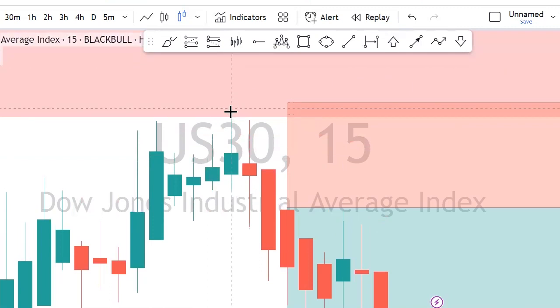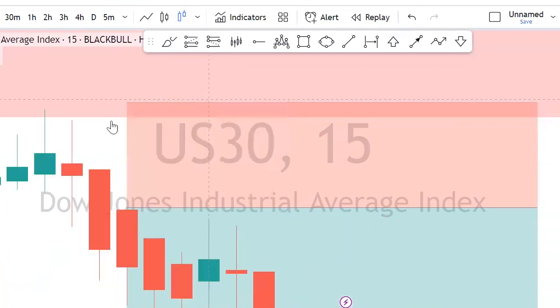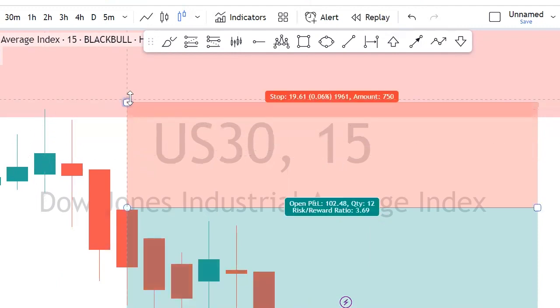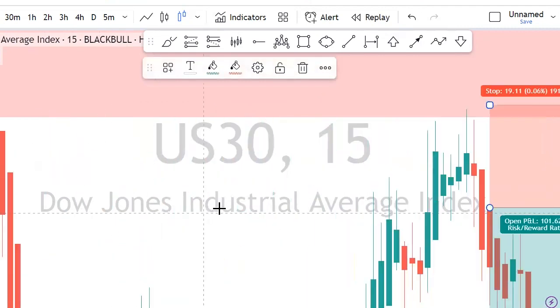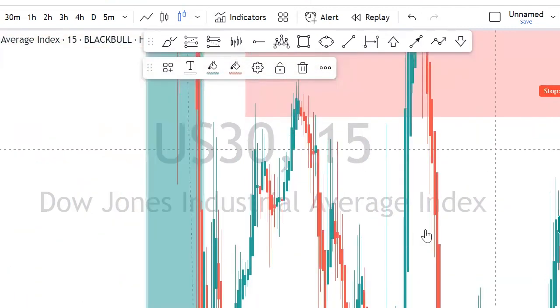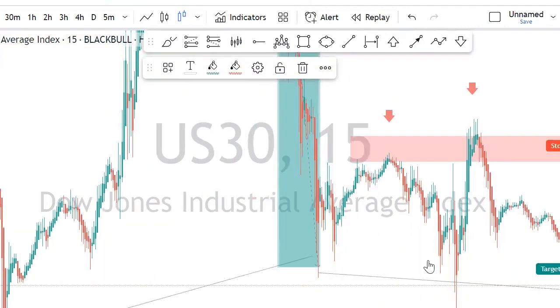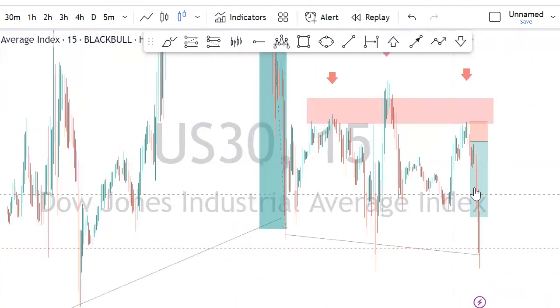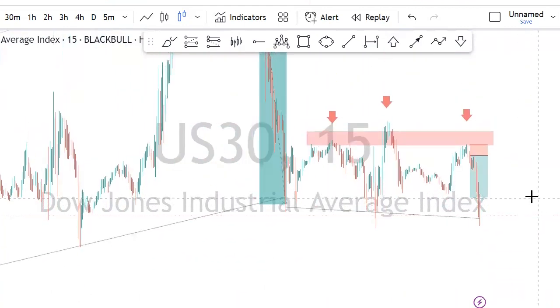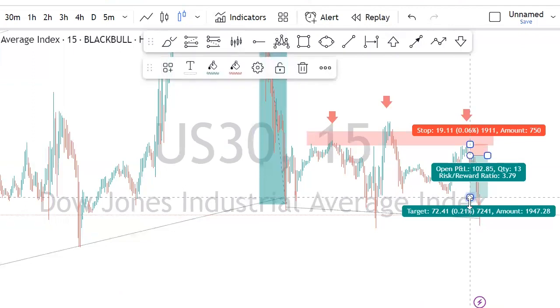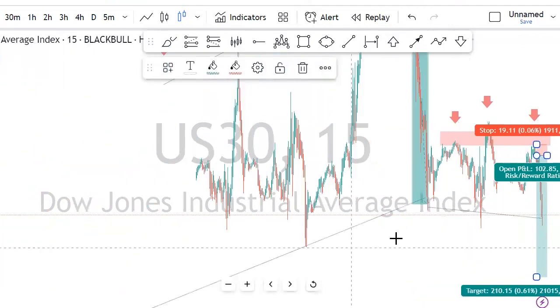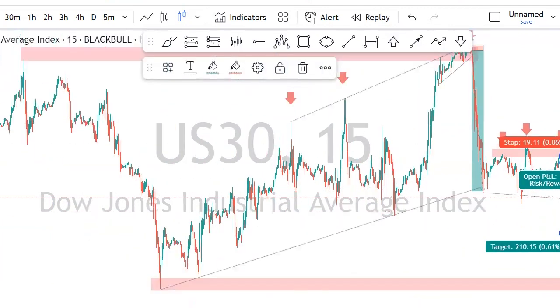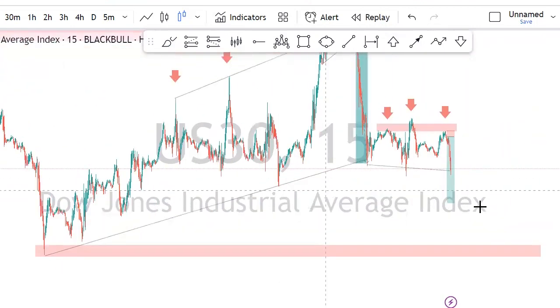This is the highest point, as you can see, this wick right here, this bullish wick, highest point. We put our stop loss right above it and then we scale down. Let me zoom out and you can see the price already sold off. And by the way, I already took this trade. We sold off and now we figure out our take profits.